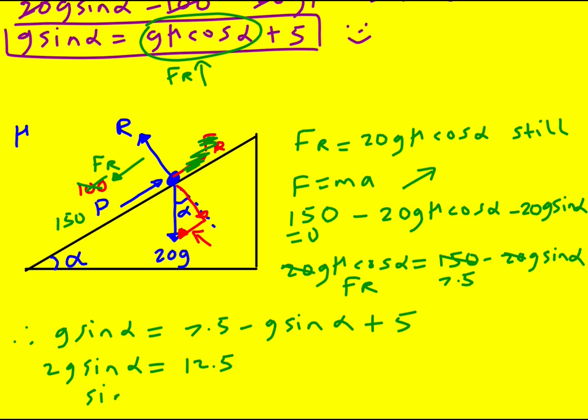So sine alpha is 12.5 over 2g, or if we make them integers, it's going to be 25 over 4g. And therefore, we can work out alpha in terms of g. It's going to be inverse sine of 25 over 4g.